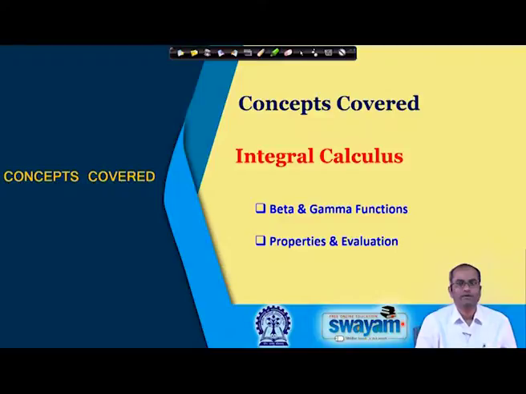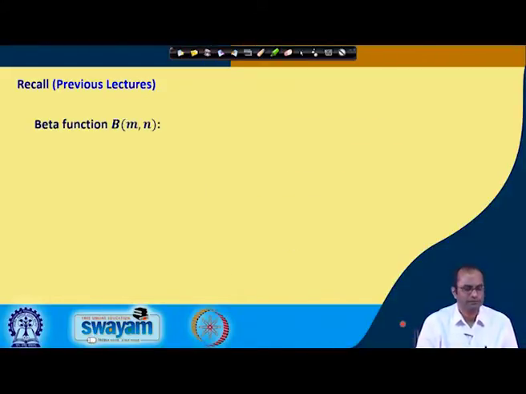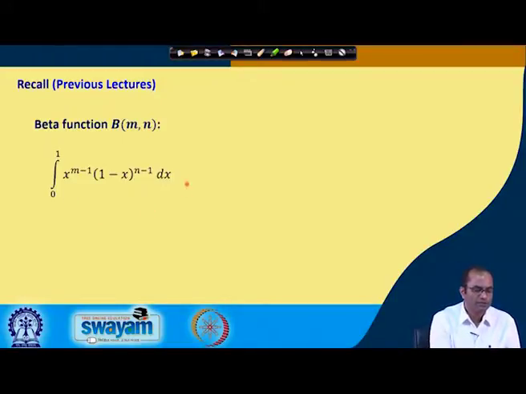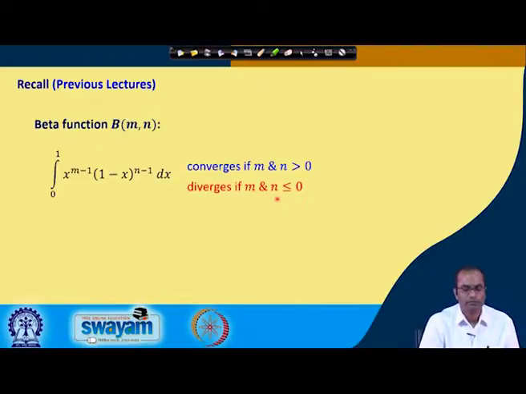In the last lecture we have already seen the convergence of those integrals. If we recall, the beta function was the improper integral from 0 to 1 of x to the power m minus 1 times (1 minus x) to the power n minus 1 dx, which converges when m and n, the numbers in the power exponents, are strictly positive, and diverges when m and n are less than or equal to 0.